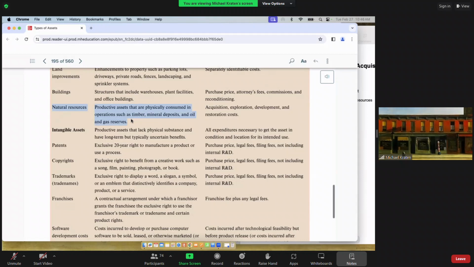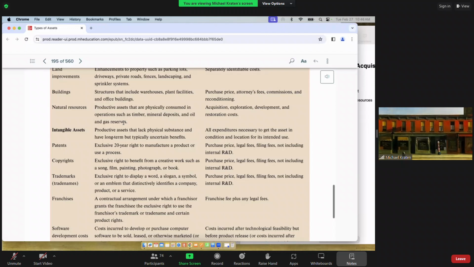Natural resources. So if I own trees and I'm going to cut them down to make timber, if I have minerals, if I own a mining operation and I'm going to mine valuable minerals and use them, if I have oil and gas underground as an energy company, those are natural resources.